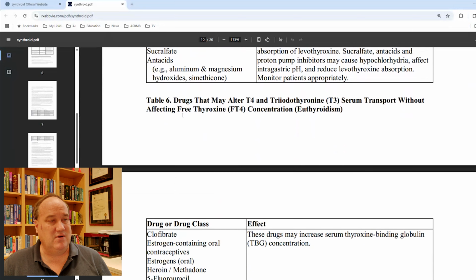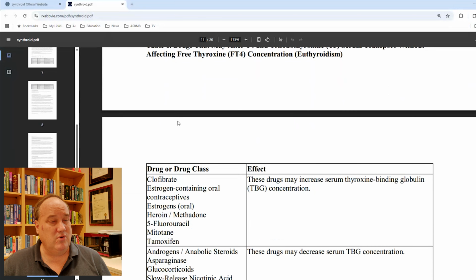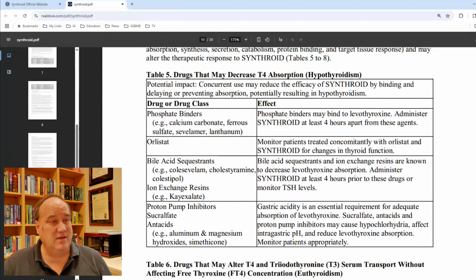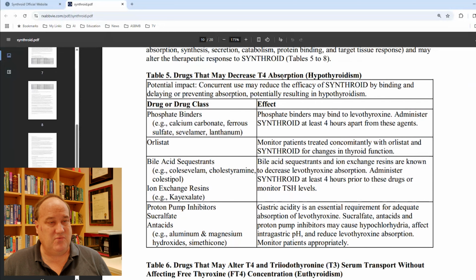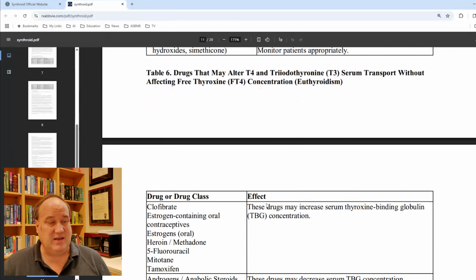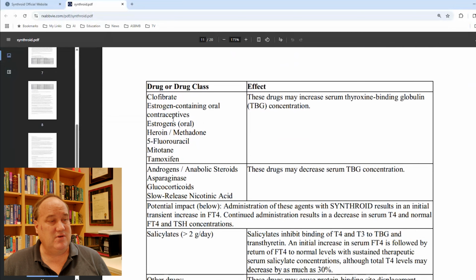And then they have another table with more drugs that may interfere. Now, the first one may decrease T4 absorption. Now, table 6 is drugs that may alter T4, triiodothyronine, T3 serum transport. So this is a slightly different effect, but these drugs may also affect this as well.